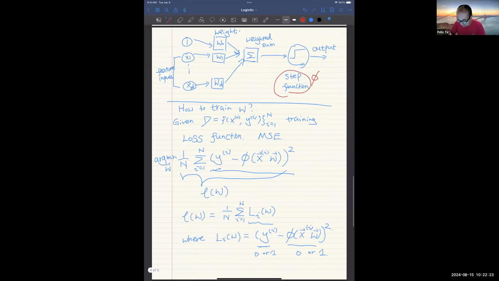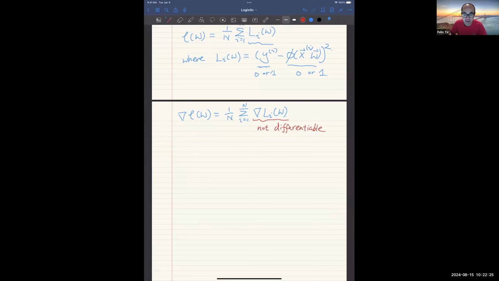But in any case, we can mathematically write it out. If we write it out, it is phi of x_i, w, minus y_i, and the phi prime of x_i, w, then dot x_i transpose.